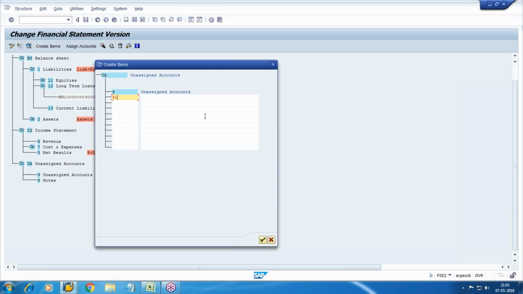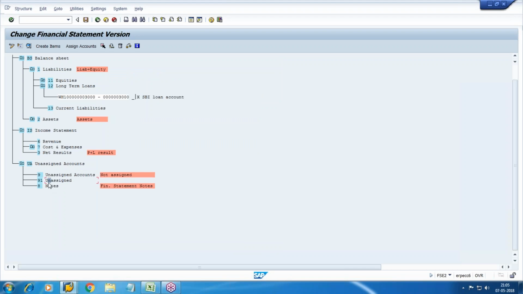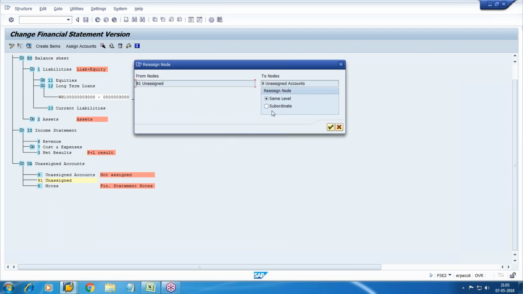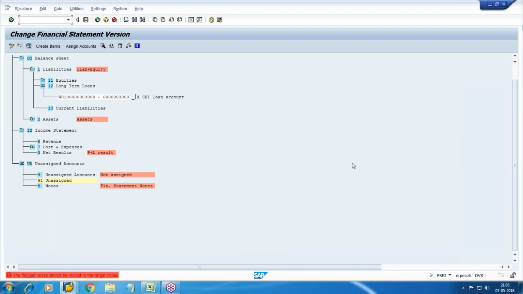The item is 91 unassigned. This one I want to put it under here. The flag node cannot be moved to the target node.